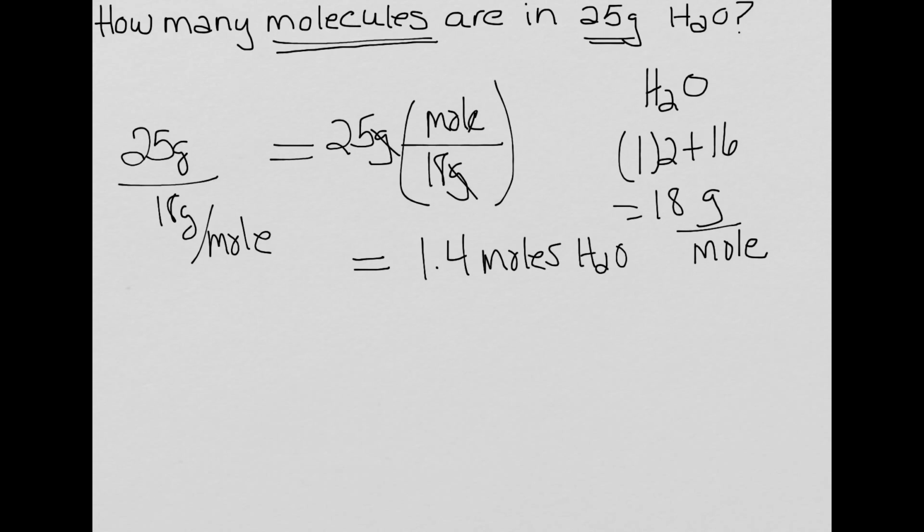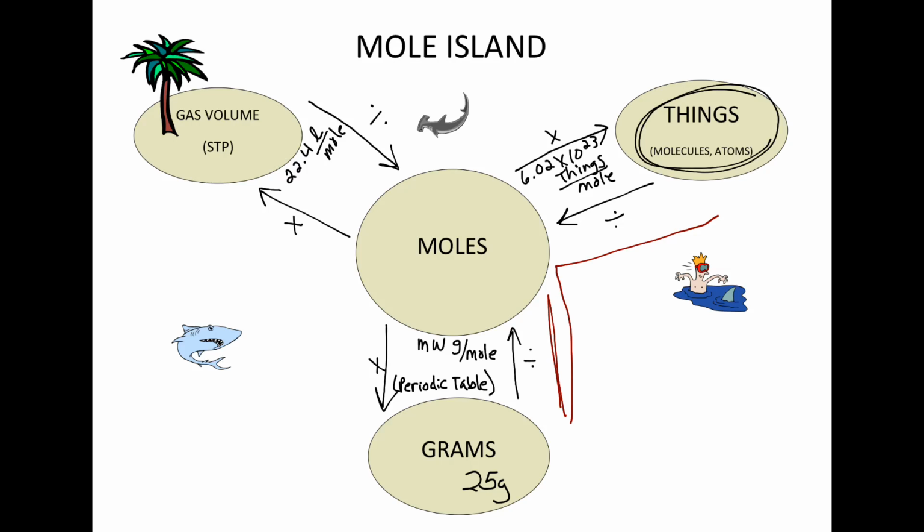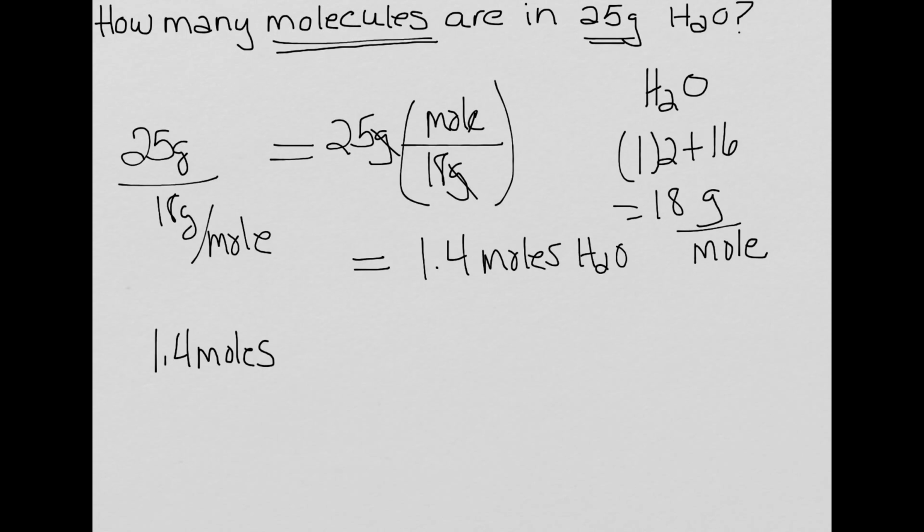Okay, now let's go back to our map. We have 1.4 moles, and we are now going to multiply that by Avogadro's number, 6.02 times 10 to the 23rd, to get to things. 1.4 moles times 6.02 times 10 to the 23rd molecules per mole.